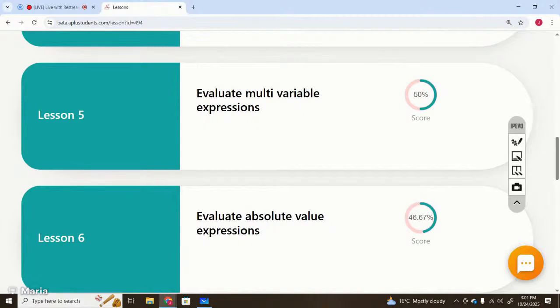Let's just start with the lesson that is evaluate multivariable expressions. Evaluate multivariable expressions.